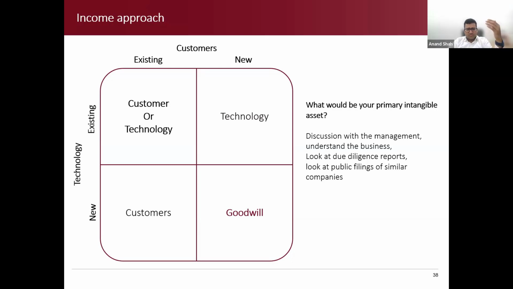In that case, you'll take revenues generated from the customers which are existing at the transaction date, using the existing technology as well as the future technology that gets developed. However, if technology is your primary intangible, in that case you will take revenue only generated by that particular version of the technology, either by selling to existing customers or even selling to newer customers. So you need to ensure that you are getting this distinction correct. If it's a customer related asset, take revenues generated only and only from existing customers. If it's a technology asset, revenue only and only from the existing version of the technology.